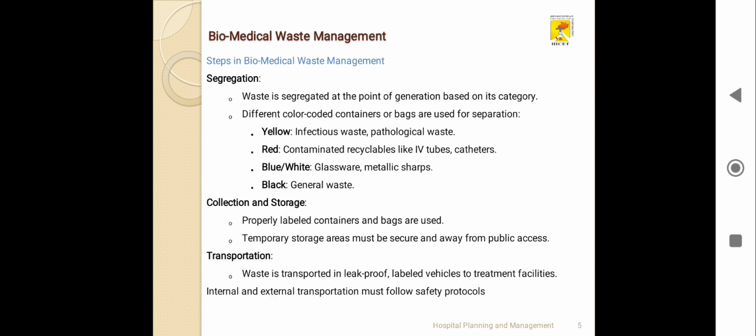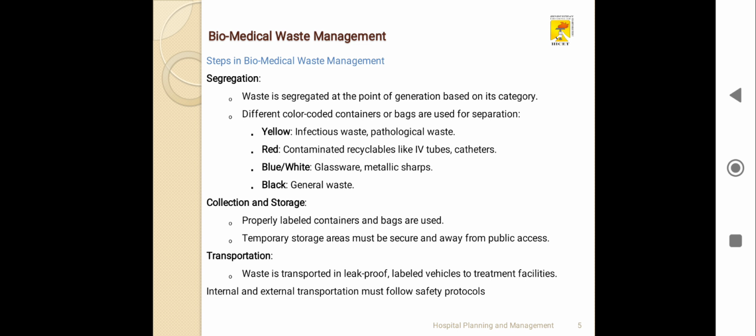What are the steps to be followed in order to manage this biomedical waste without affecting environmental sustainability? Let us see the steps in biomedical waste management. The first one is segregation. The waste is segregated at the point of generation based on its category. Different color-coded containers or bags are used for separating the waste.